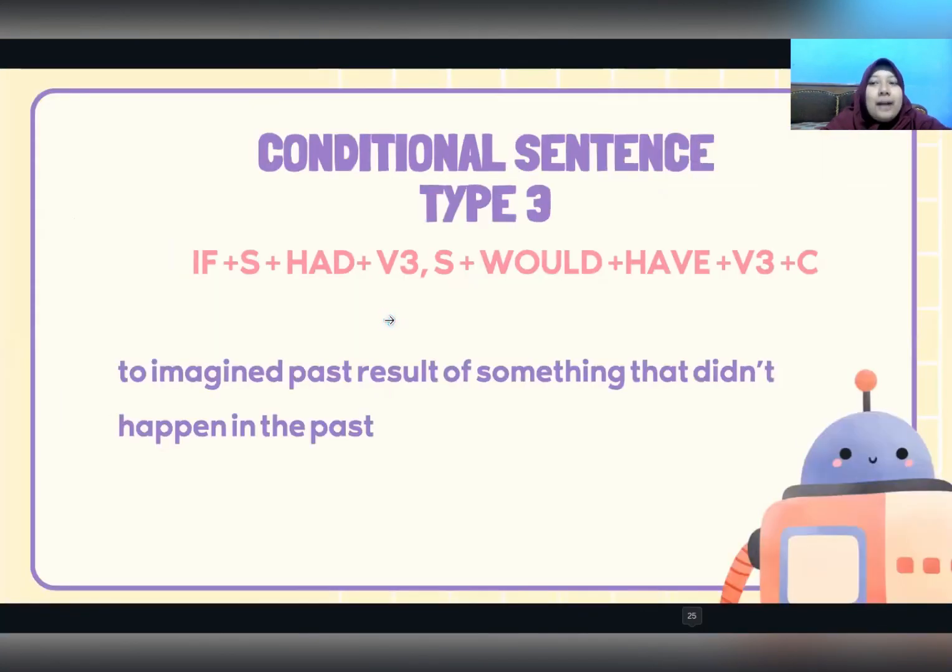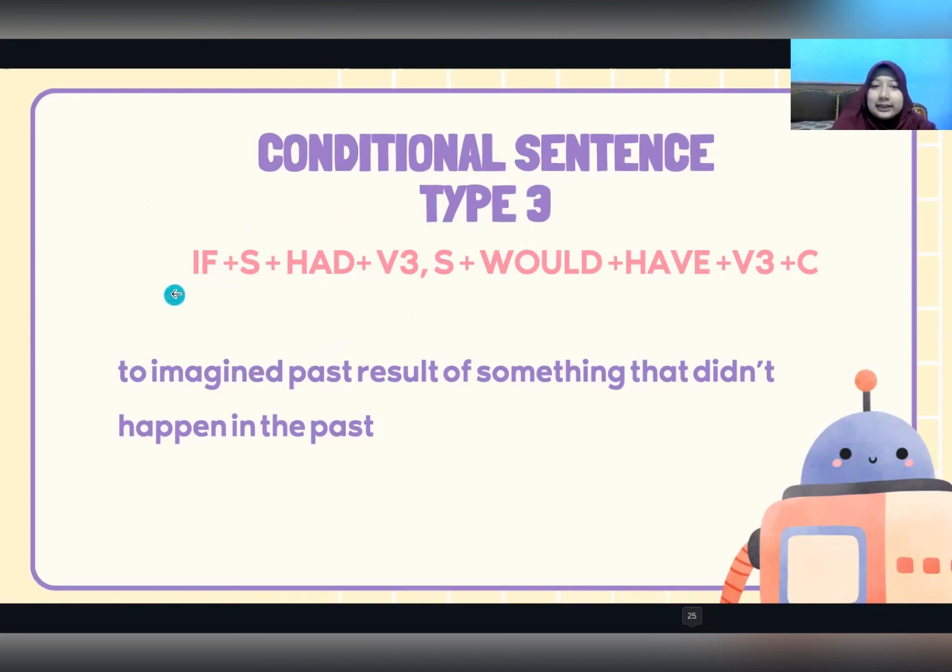I will talk about the last tense today. Are you happy that I will talk about the last tense? The last tense is conditional sentence type 3. Conditional type 3 has the formula: if plus subject plus had plus verb 3.